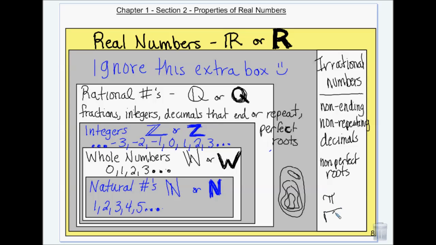The square root of 2, because it's not a perfect square, it's going to give me some decimal that goes on forever and ever without any end. So that's also irrational. Square root of 2 is irrational. Square root of 5, square root of 3, square root of 4 would be over here. But the square root of 7, you know, all the square roots that are not perfect squares. All the cube roots that are not perfect cubes, things like that, these are all going to be irrational.